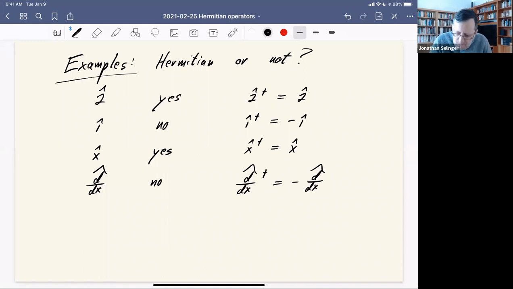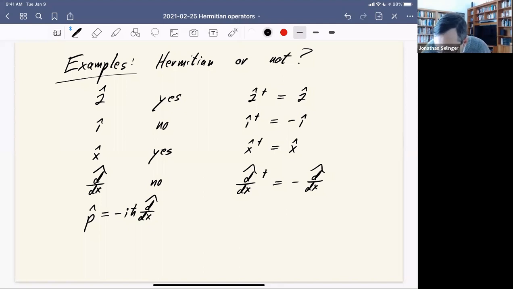Now let's try a new operator. How about momentum? You remember that the momentum operator is negative i h bar d by dx hat. Suppose we want to know, is this Hermitian?